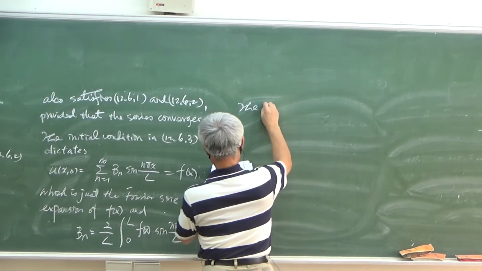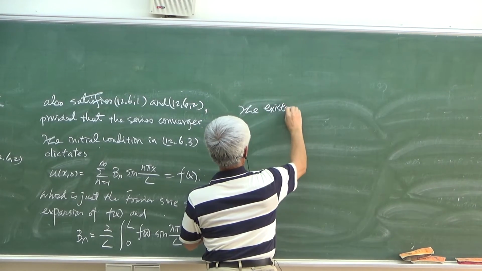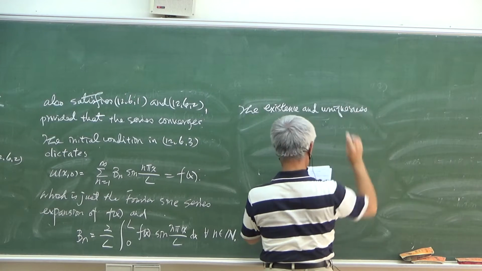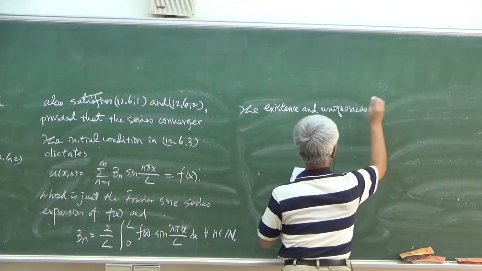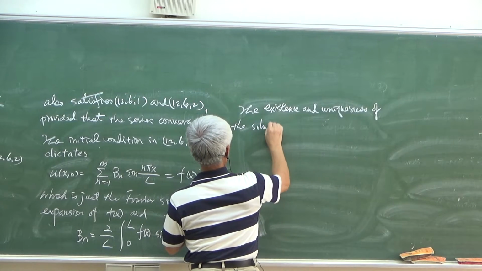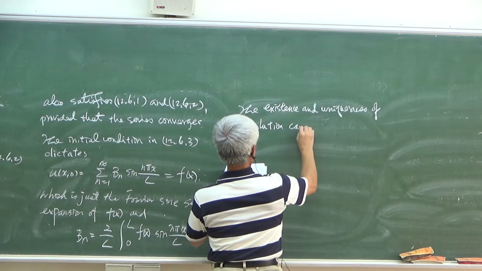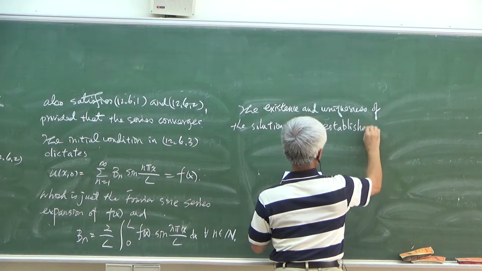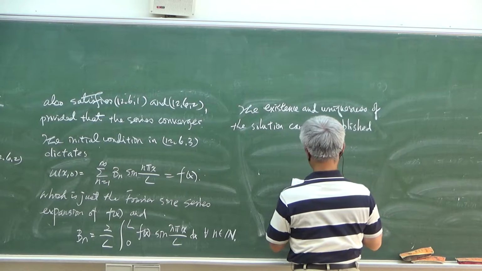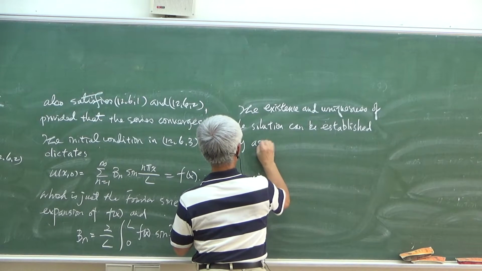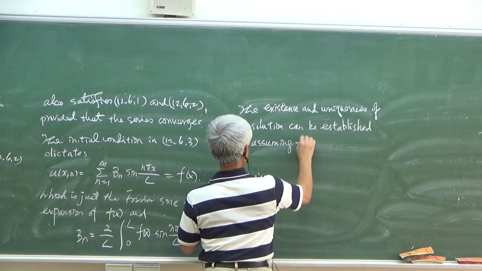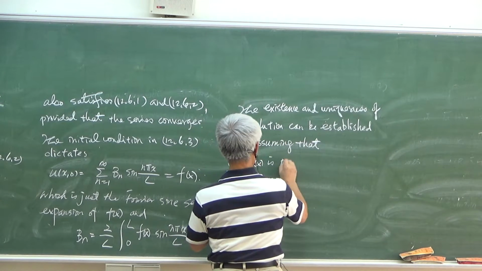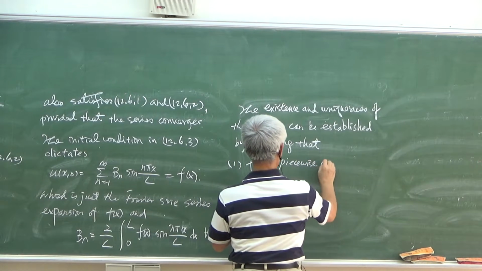So the existence and the uniqueness of the solution can be established, okay? By assuming that, one, f of x is piecewise continuous.